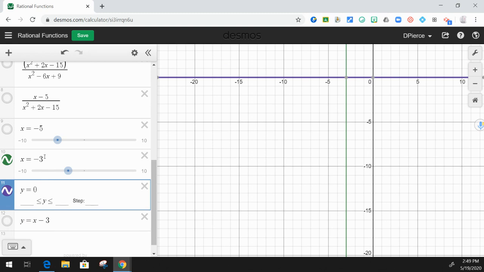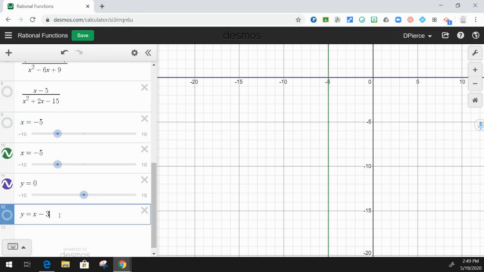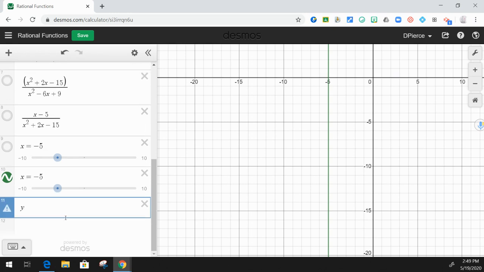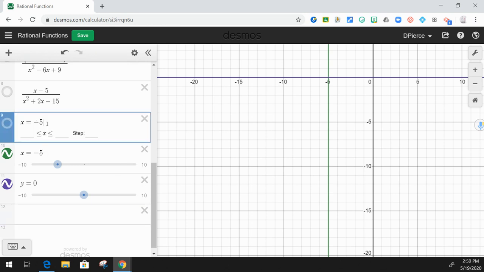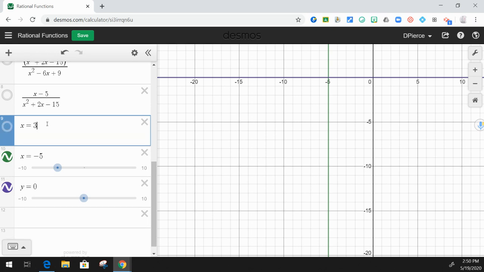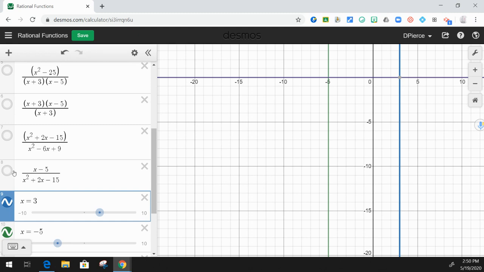Our vertical asymptotes, we're going to have two of them: one at x equals -5, and we'll have another one right here. I knew I had one already set up. So x equals 3 is the other vertical asymptote. And let me find the graph of x minus 5. It's right here.